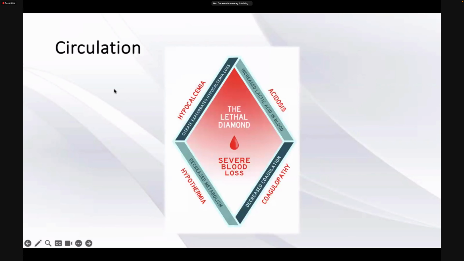But good to know that the lethal triad is now being developed into a lethal diamond. Dahil naman sa dumadami ng blood transfusions, we're starting to recognize the value of giving your calcium to address hypocalcemia, 1, because of trauma itself, and 2, because of the banked blood na binibigay sa patient.